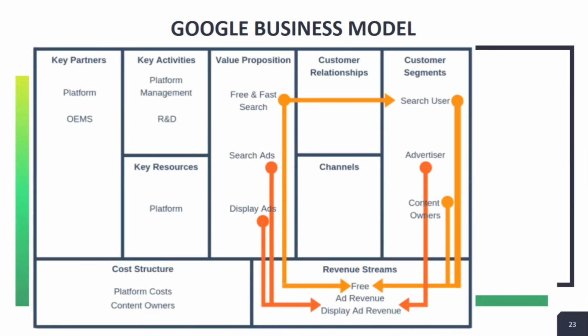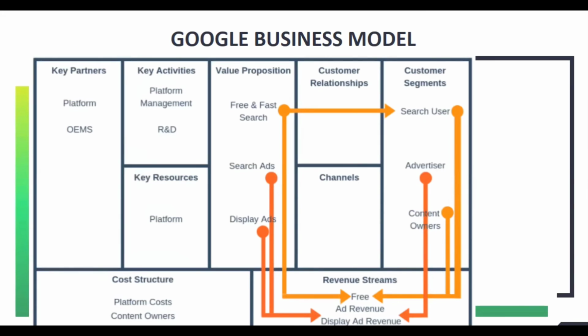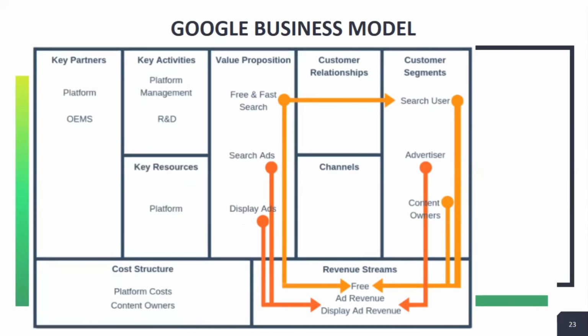So all are connected to each other. But if advertiser is missing from your customer segment, then it will create a problem for Google's business model. So it's an error in your business model canvas.